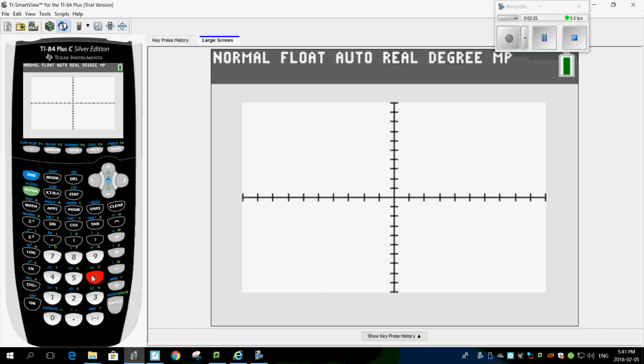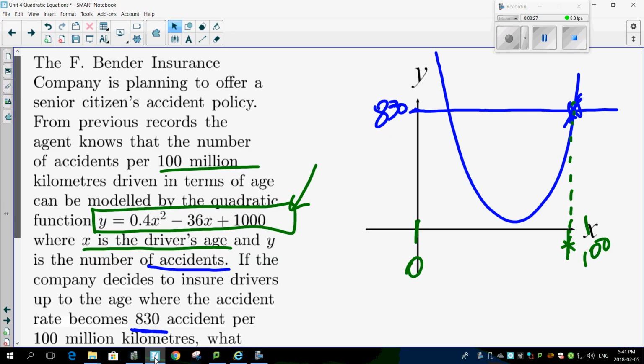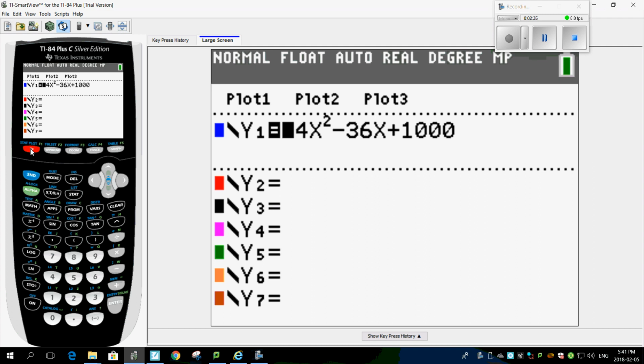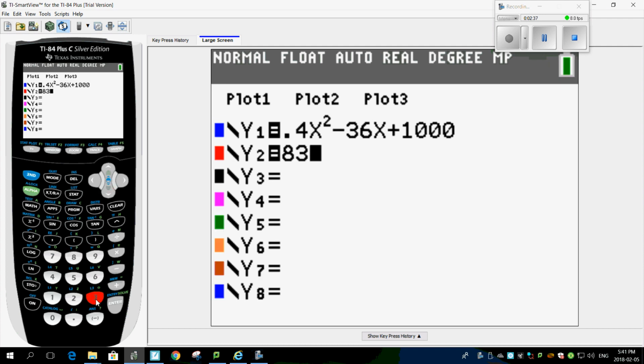Well, wait a second. Let's finish this off. I know I want this to be 830 accidents right here. So I'm going to put it into my Y2 now. I'm going to put down 830 accidents, which should give you some insight on how the windows are going to work. You know and I know that's our y-intercept.